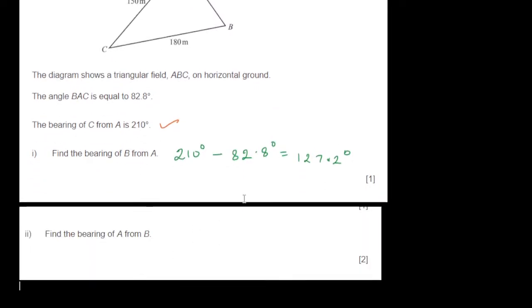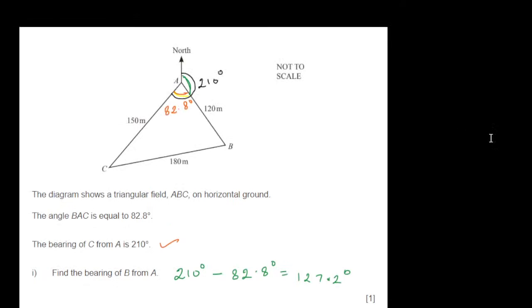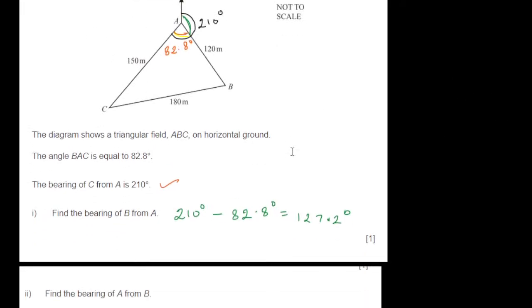Again, find the bearing of A from B. I will draw this north. For the bearing of A from B, I have to find this whole angle. As I know this angle is 127.2, the sum of these two parts is going to be 180.